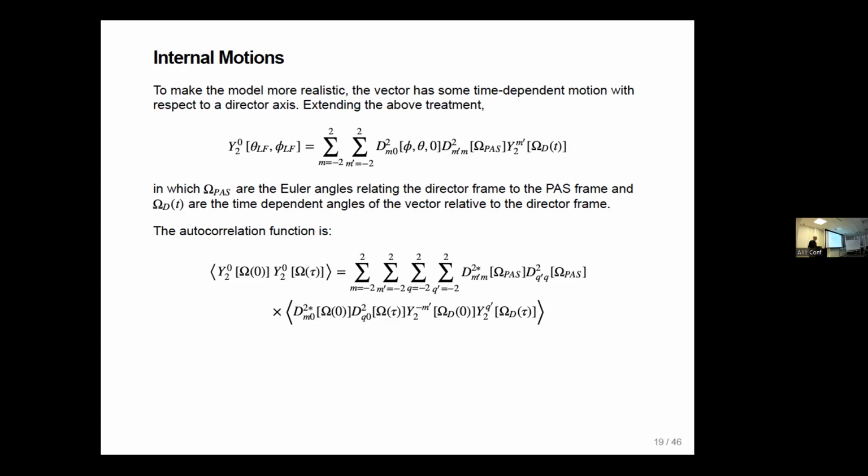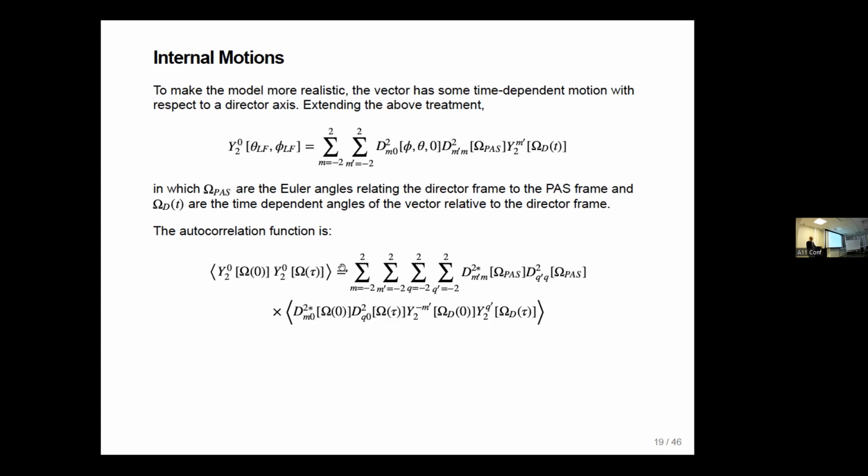And it's exactly the same transformations as for solid state going from crystallite to molecular frame, or PAS frame to molecular frame to crystallite frame to rotor frame, except usually we don't have to do quite so many.